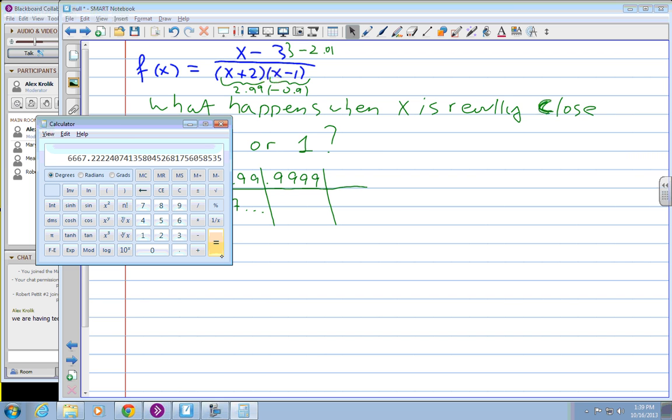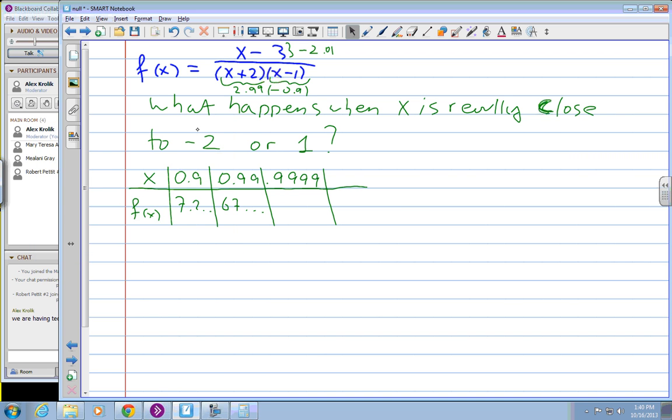But at the same time, if I plug in numbers like 1.001, what will happen? Now my numerator will be negative 1.999.